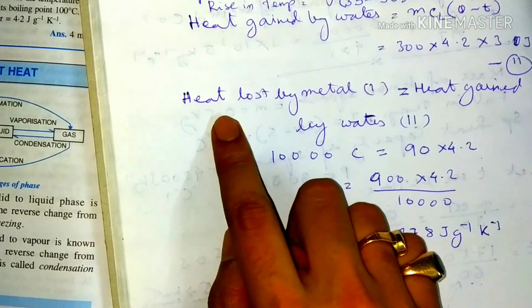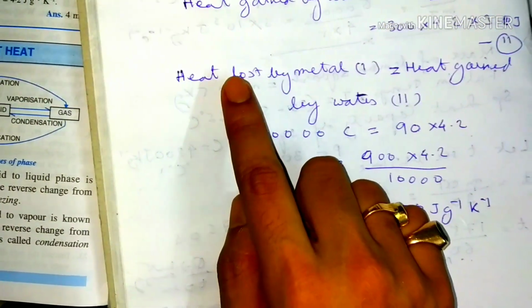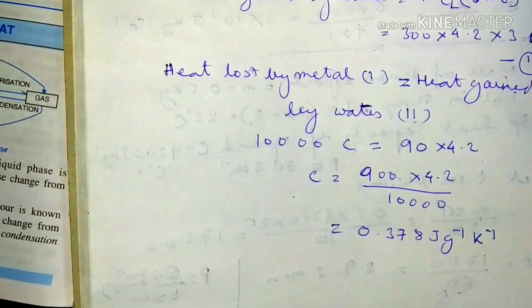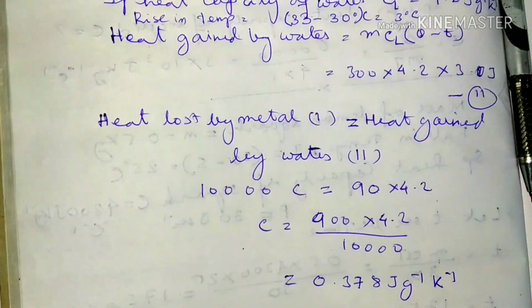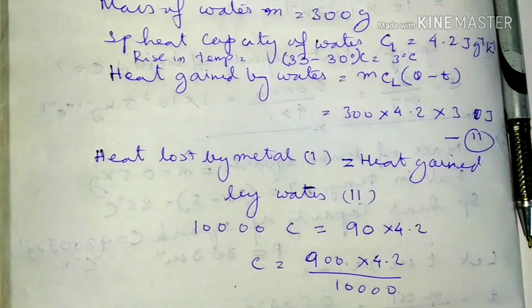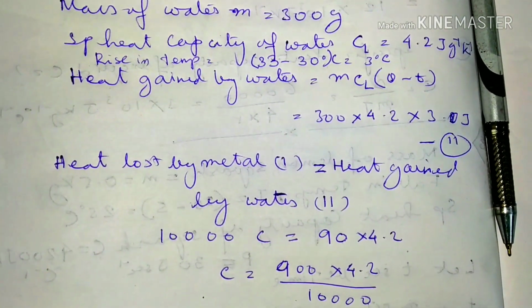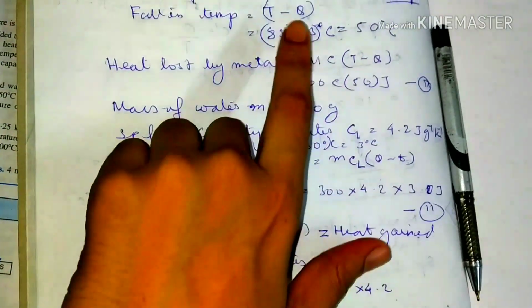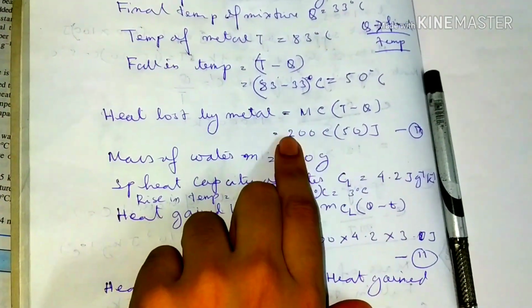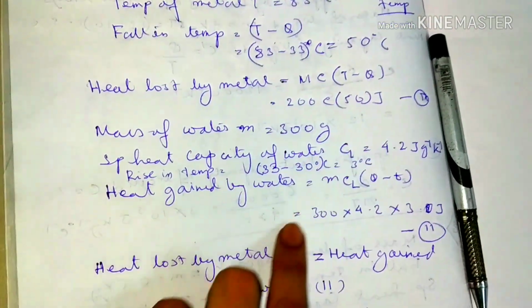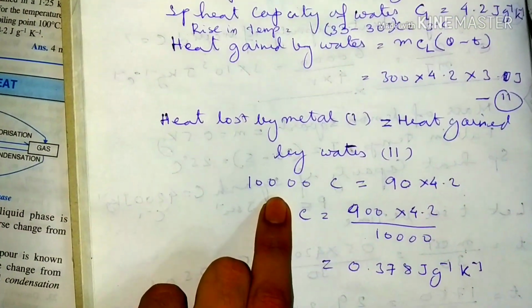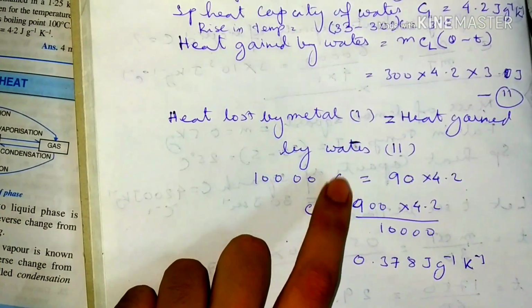Let us continue. Heat lost by metal is equal to heat gained by water. So 10,200 into C into 50 joule, and C is the thing we need to calculate.